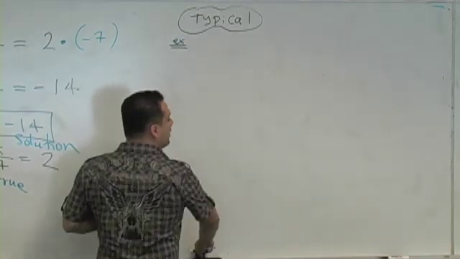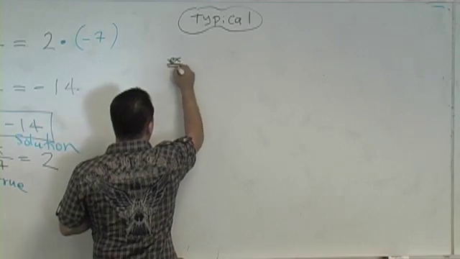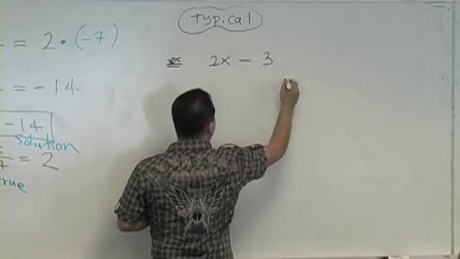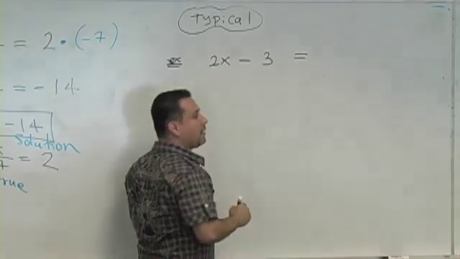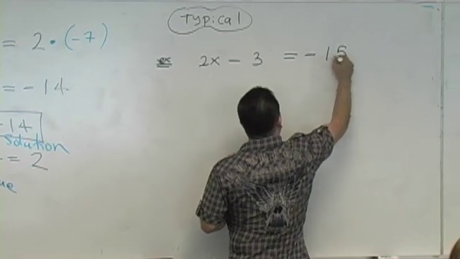It's kind of what you typically see, and something like that can look like this: 2x minus 3 is, I don't know, negative 15.